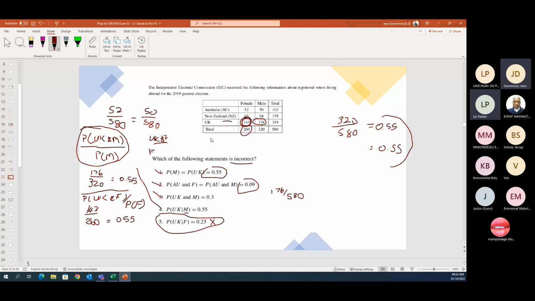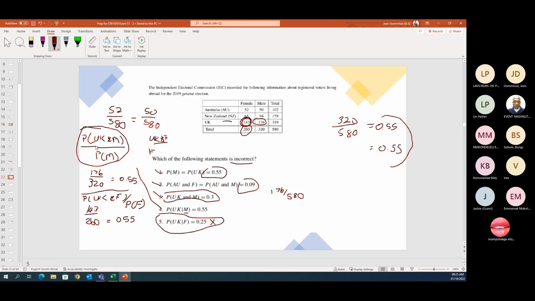I think that again it's important, because sometimes when you see one of these, you want to divide by one of those totals, and sometimes you want to divide the whole thing by the total.